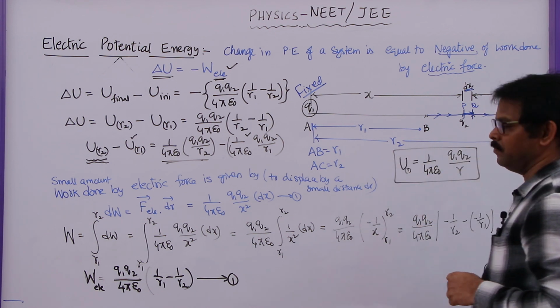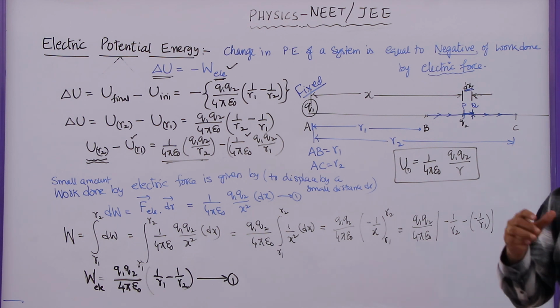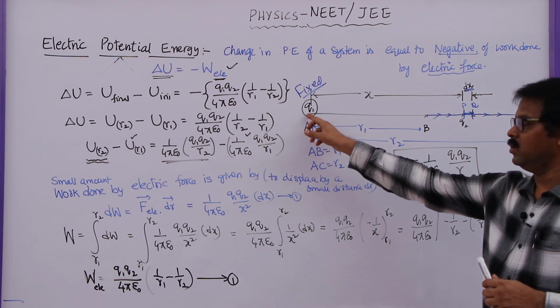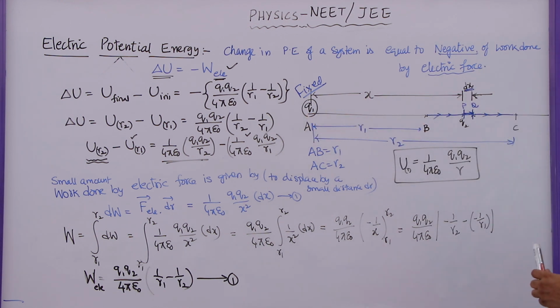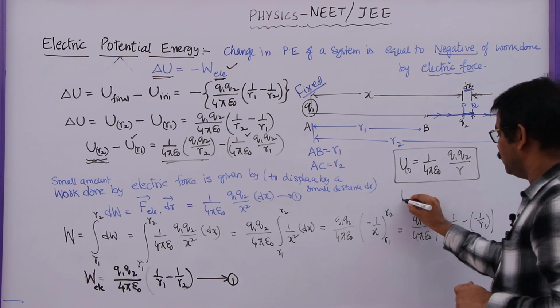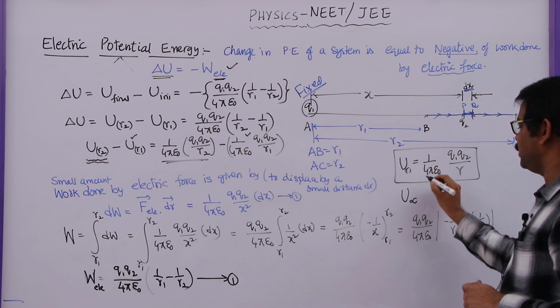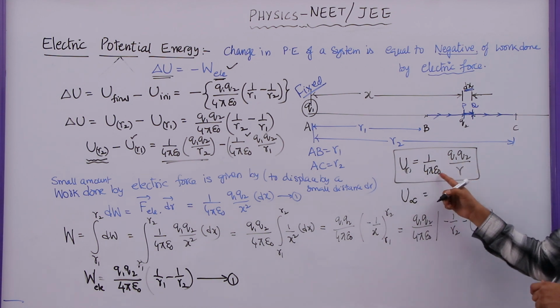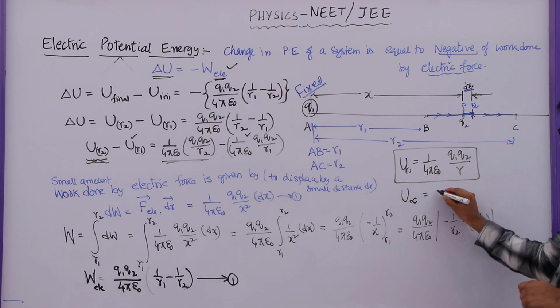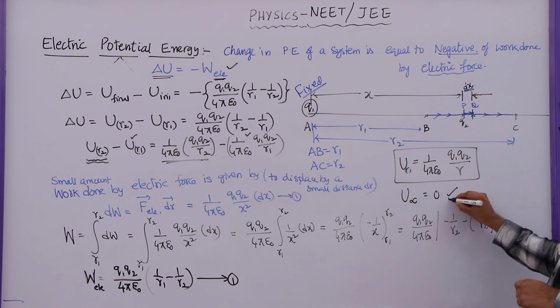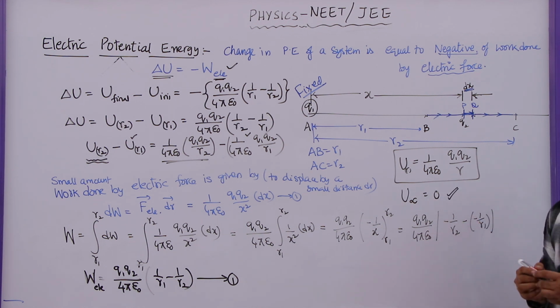Suppose Q1 is fixed here and Q2 is placed at infinite distance. The potential energy when the charges are separated by infinite distance is 1 by 4 pi epsilon naught Q1 Q2 by infinity, which is 0. This is a very important point to remember while solving problems: the potential energy of a system of charges separated by infinite distance is always equal to 0.